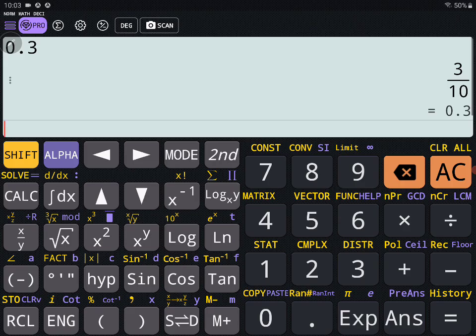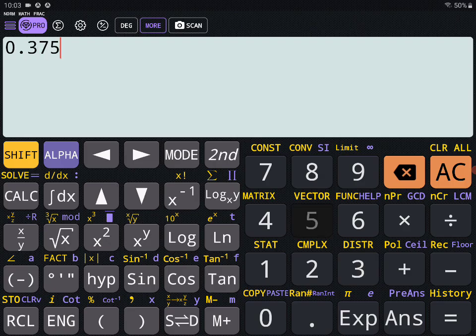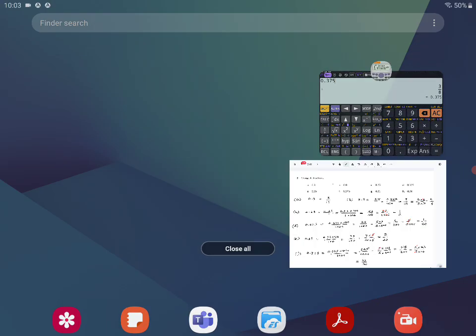Okay, so then let's do a couple of more examples. So we had 0.01 there, 1/100. Let's do another one. What else did we have? 0.375, 3/8, right?